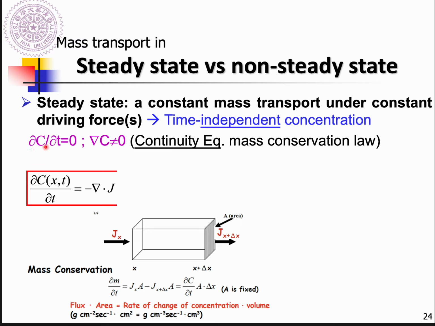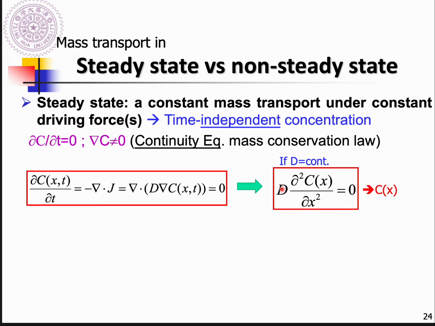And due to partial c, partial t equals 0, if you go back to this Fick's second law, this part equals 0. So you can write it down, this part equals 0. And the J here, we use minus diffusivity times the concentration gradient, which is Fick's first law. Based on this, we assume the diffusivity is a constant, so we take the diffusivity out.